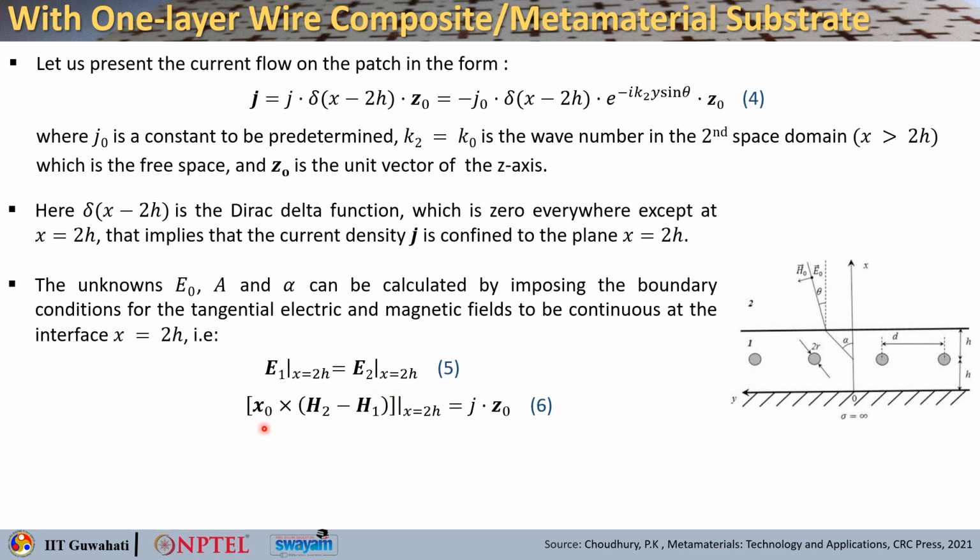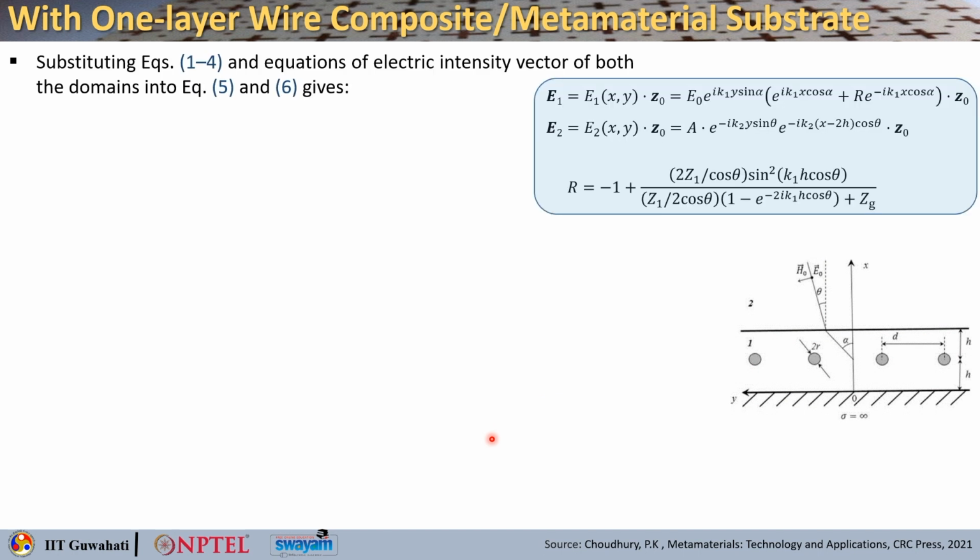And also, from the magnetic field, the curl: you see x cap or x naught, and then you take the difference in the magnetic field, H2 minus H1 at this particular plane, which will be nothing but the current density, or you can say the current flow, and that will be in the z naught direction, or the z cap. So, z is basically the direction of the length of the wires which are put in the substrate.